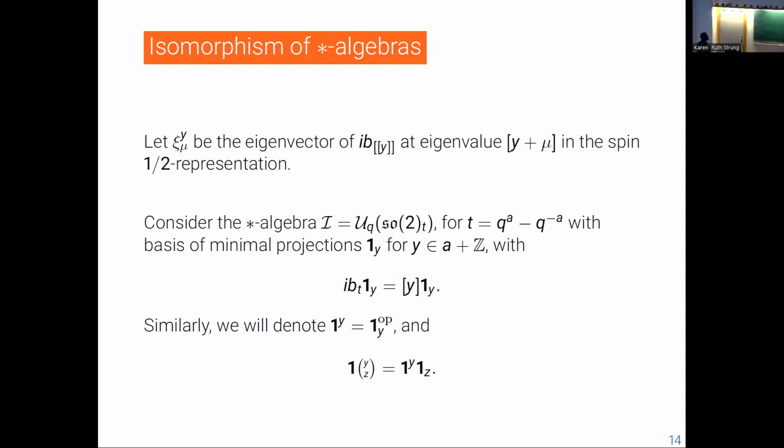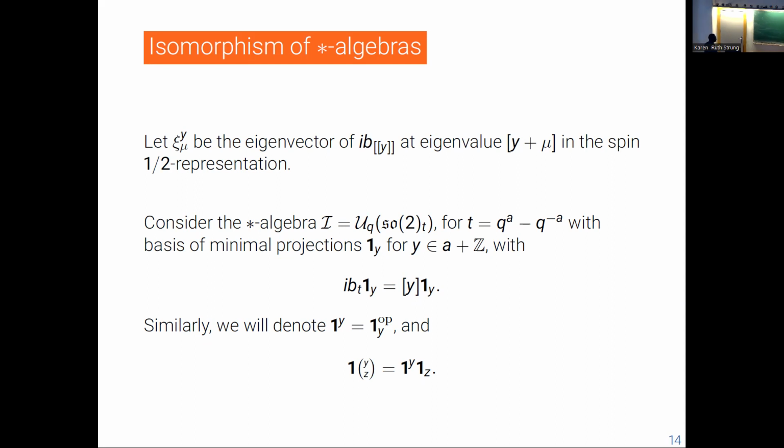And we consider that our left coideal here has a basis of minimal projections, which we denote by 1y here. So 1y here is the eigenvector of IBT at this eigenvalue.